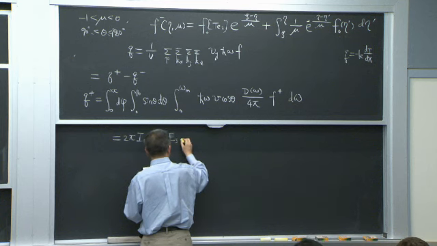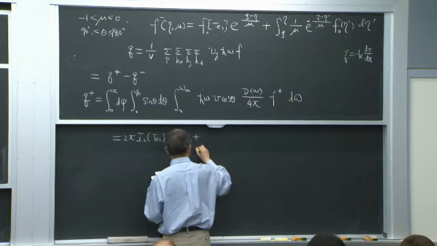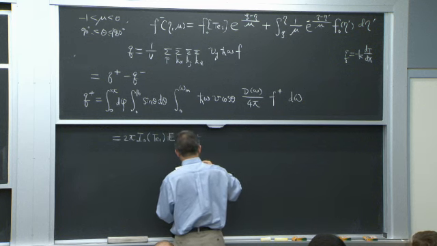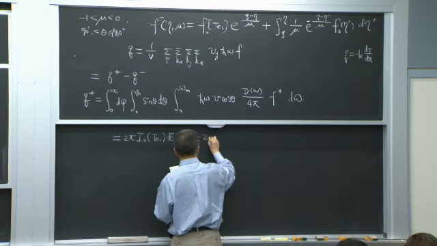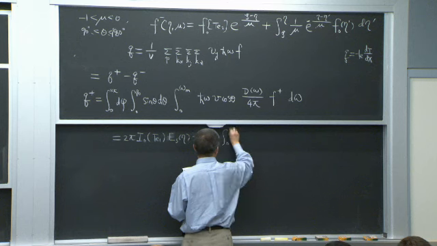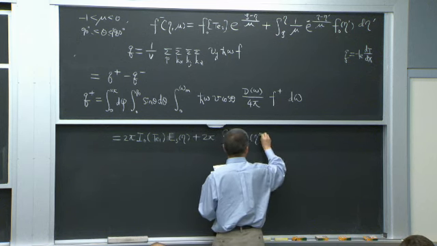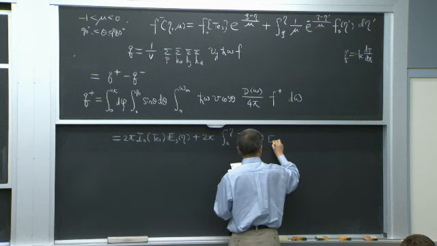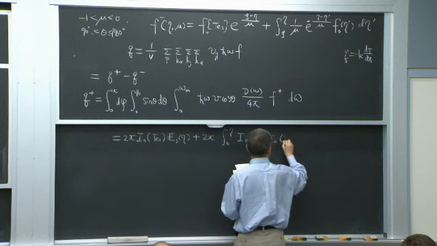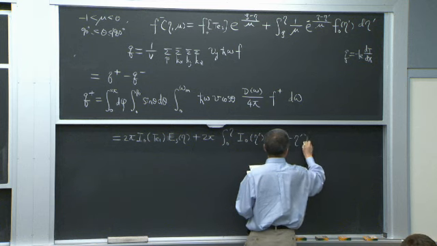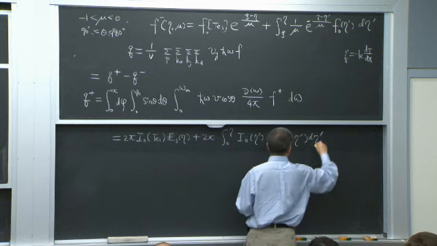And this E3 is, again, the integral exponential function that we introduced in the last lecture, and 2 pi integral from 0 to eta of I0 eta prime, and E2 of eta minus eta prime, d eta prime.